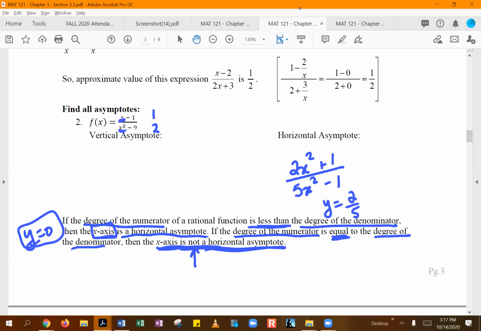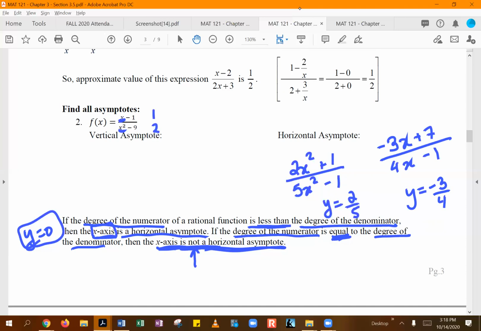Similarly, if you had another function, negative 3x plus 7 divided by 4x minus, let's not make it a 2 since that can be factored out, let's just make it 1. Since my degree is the same, the ratio of our leading coefficients would become negative 3/4. So that's what happens when the degree is equal.